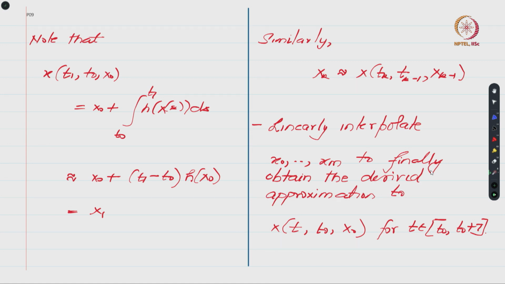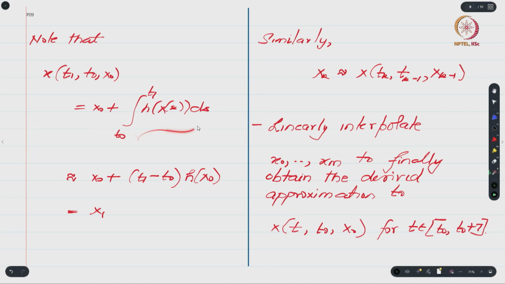Now one can ask, why are we saying that these x1, x2, x3 somehow are approximations to your solution? Towards that, see that the value of x of t1, t0, x0, from the fact that this is a solution to the initial value problem, will equal x0 plus the integral from t0 to t1 of h of x of s ds, right. This just follows from the fact that this value corresponds to a solution trajectory of this IVP.